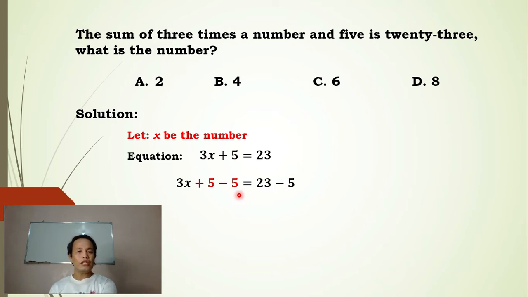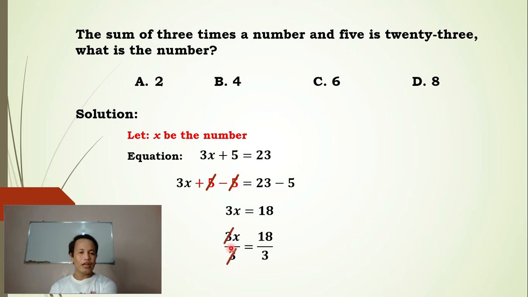In this case, we can now cancel out these 2. We have here 5 minus 5 is 0. So the equation becomes 3x equals 18. That is 23 minus 5. Then, since we are only going to solve for the value of x, we need to eliminate the 3. To eliminate the 3 as the coefficient of x, we need to divide both sides of the equation by 3.